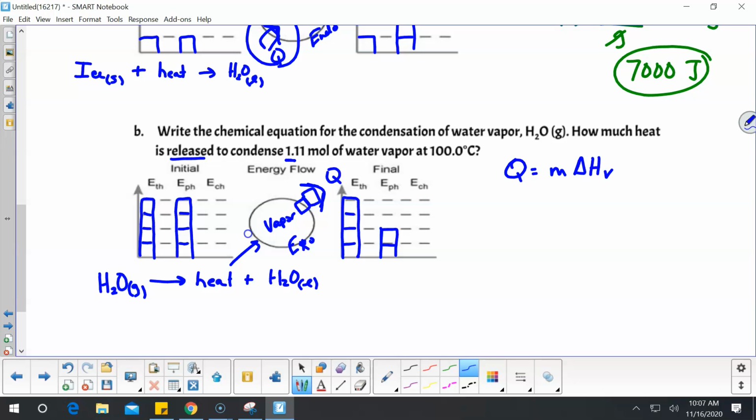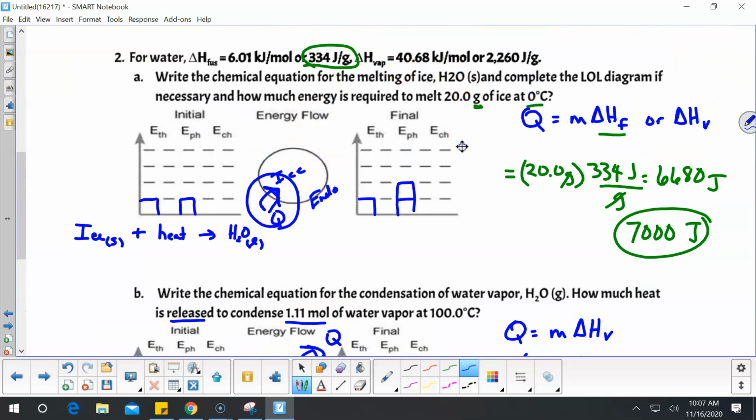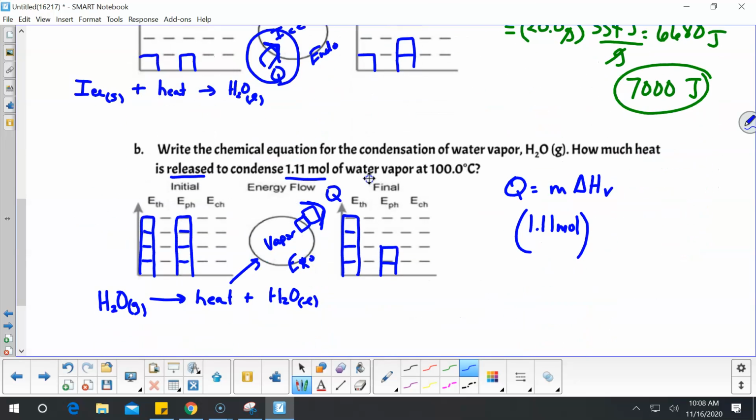Now, this time for your mass, you have 1.11 moles. So since I'm given moles, I'm going to need to go up and look at the constant, and I need to use the one that is for moles. But I'm talking about heat of vaporization, so I'd have to use this one right here, because we're going from a gas to a liquid. So that number is 40.68 kilojoules per mole.